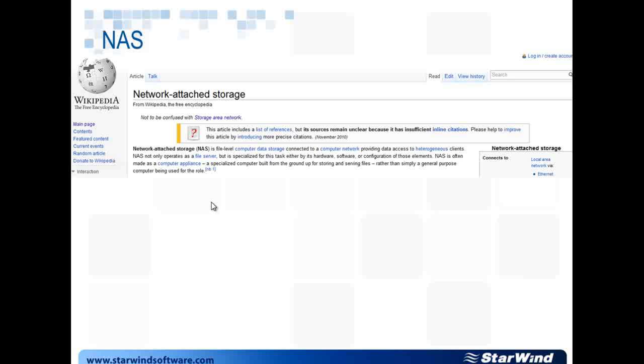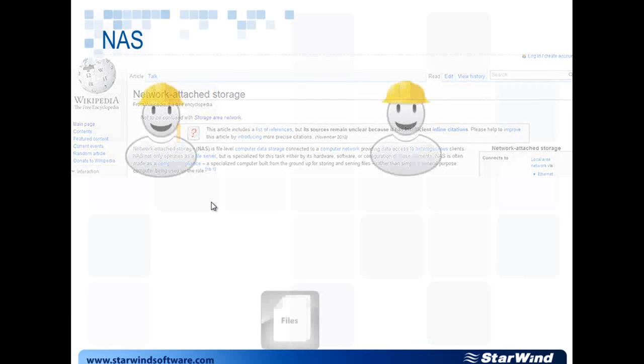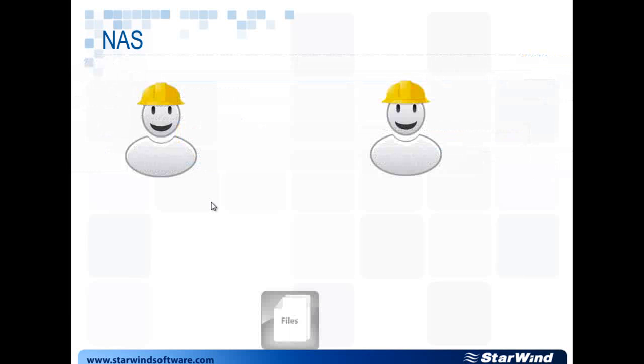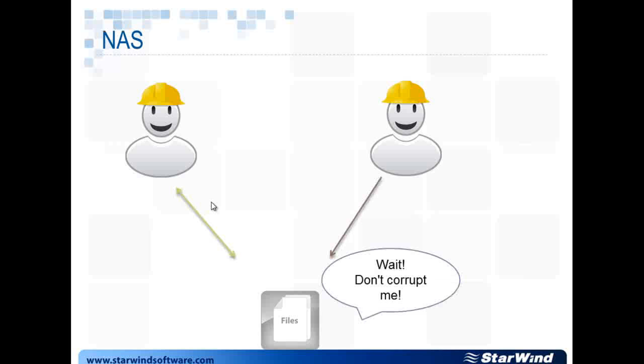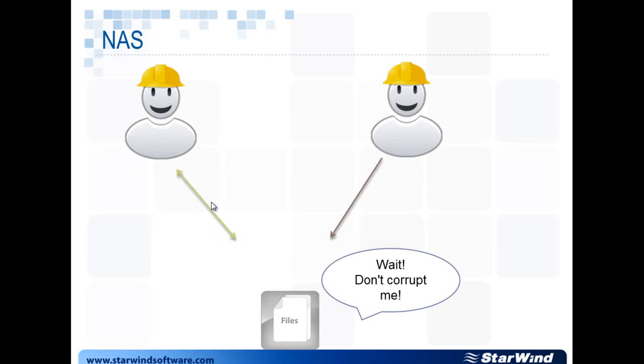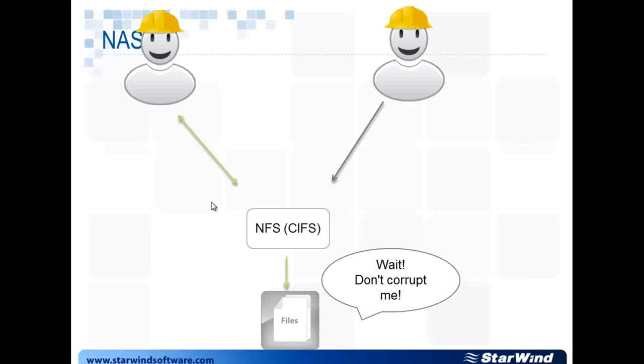A lot of computers with different operating systems, for example, Windows, Mac OS, Linux, etc. But in case of simultaneous access to one single file by two or more client machines, you need to have some tools that would judge who is the owner of the file to prevent data corruption. And that is what you need NFS and SMB for.